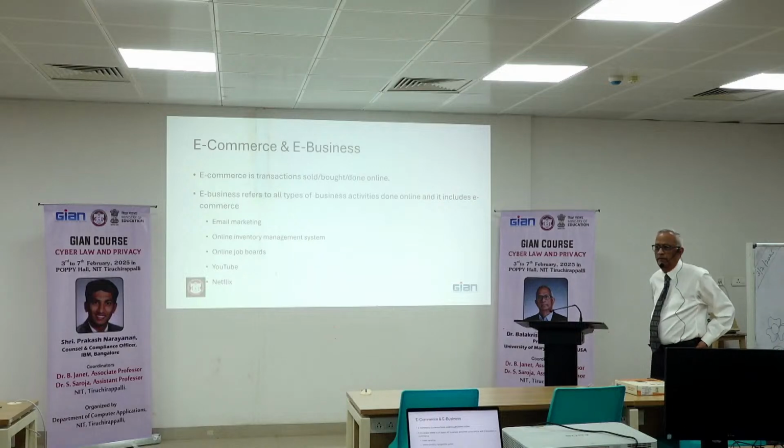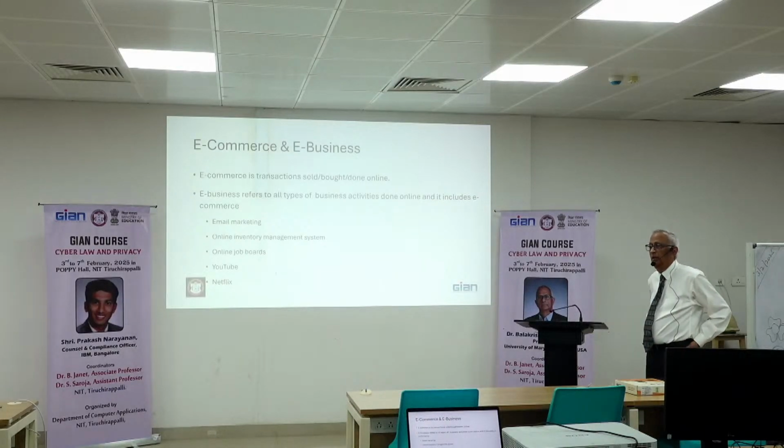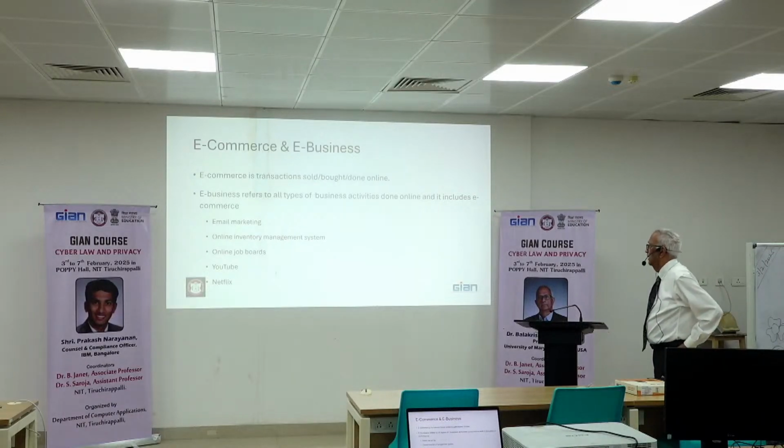It has to do with everything you do online, including, we already saw one, e-contract. Okay, there's everything done online. So basically e-business refers to all types of business activities done online, and it includes e-commerce.